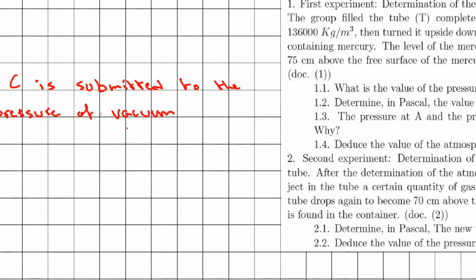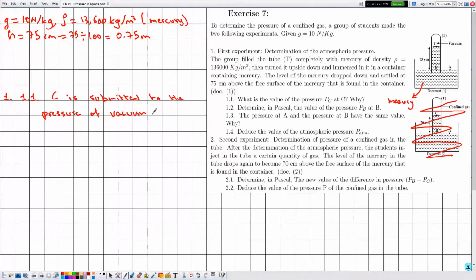And we know that vacuum is a part of space that is free from everything, including air and the three states of matter. So in this case, the pressure of vacuum is 0. Then the pressure at the point C is equal to 0.